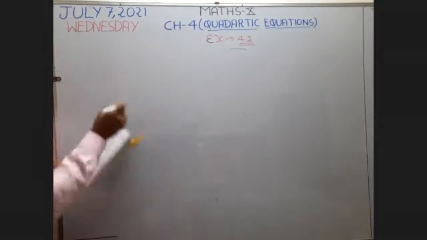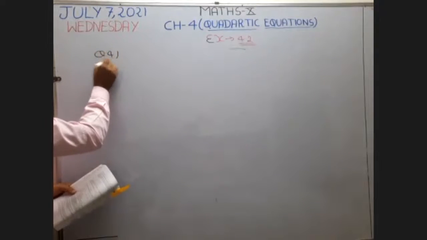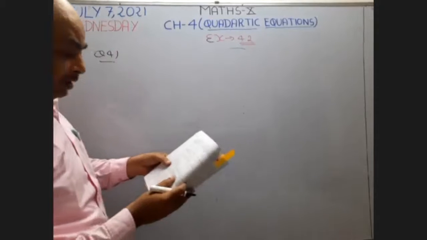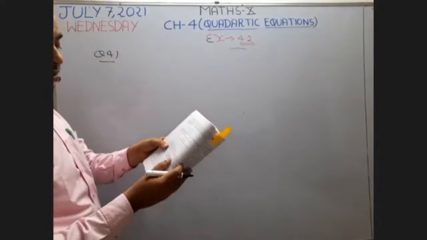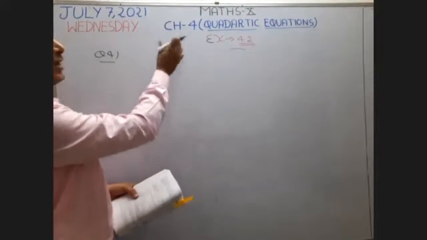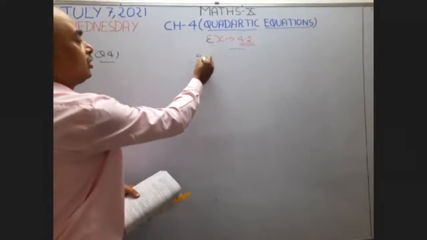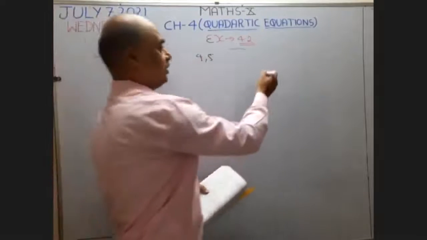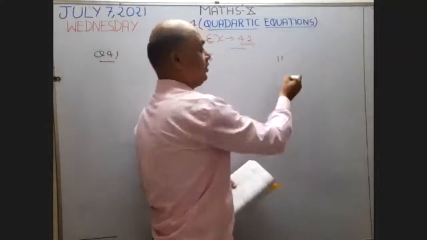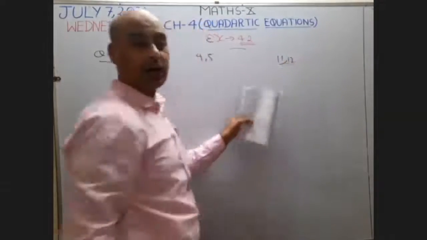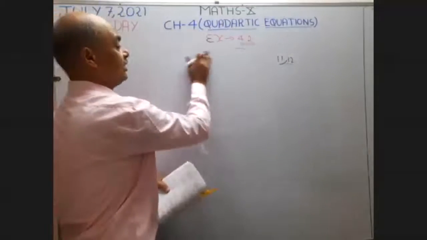Okay, now I want to solve question number 4. Read the statement. Find two consecutive positive integers. Consecutive means one by one. If one number is 4, what is next? 5. If one number is 11, what is the consecutive integer? The next number is 12. This is consecutive, one by one, series wise.